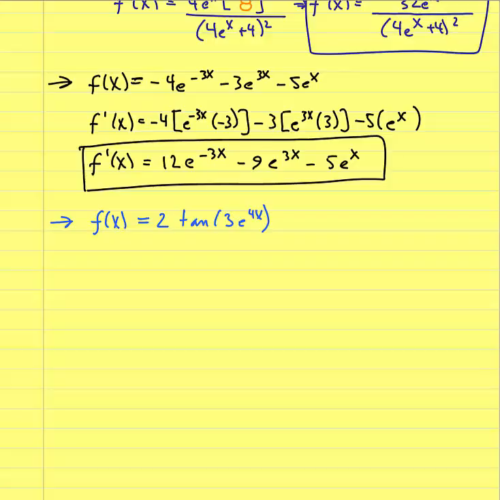Okay, now derivative. This is not a product rule because this is not a function. This is just a constant, so I just drag it along. The derivative of tangent u is secant squared of u times the derivative of u.